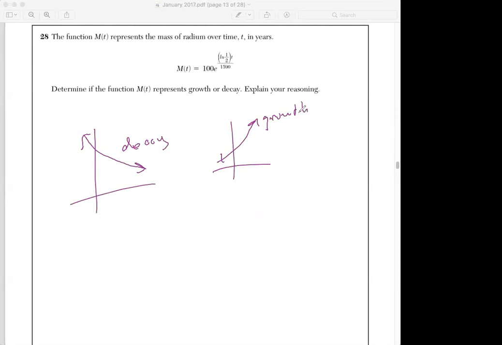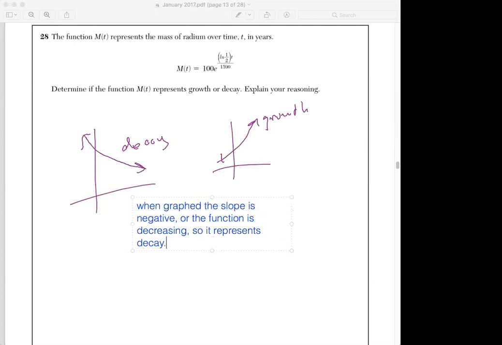So you could say when graphed, the slope is negative, or the function is decreasing, so it represents decay. I know we didn't do that yet, but this is one that you can reason.